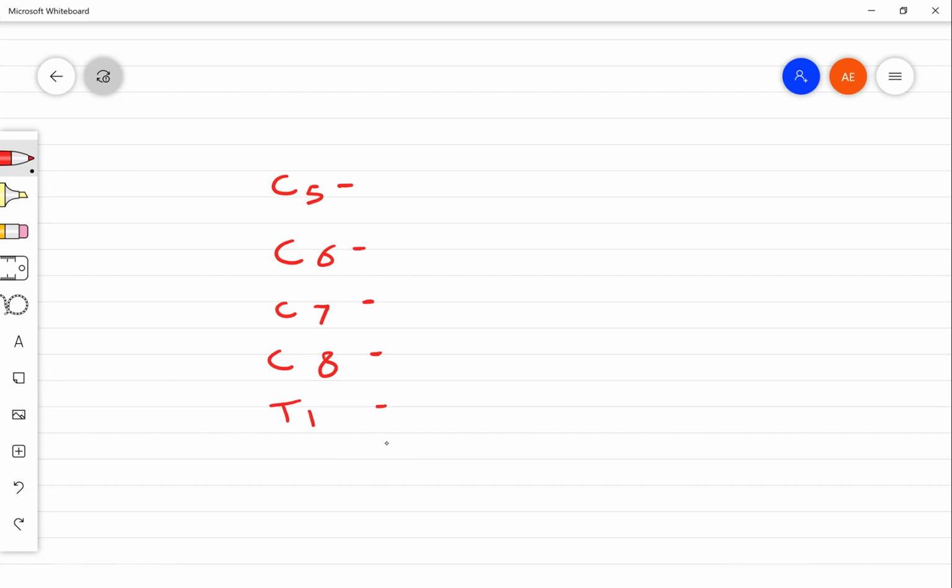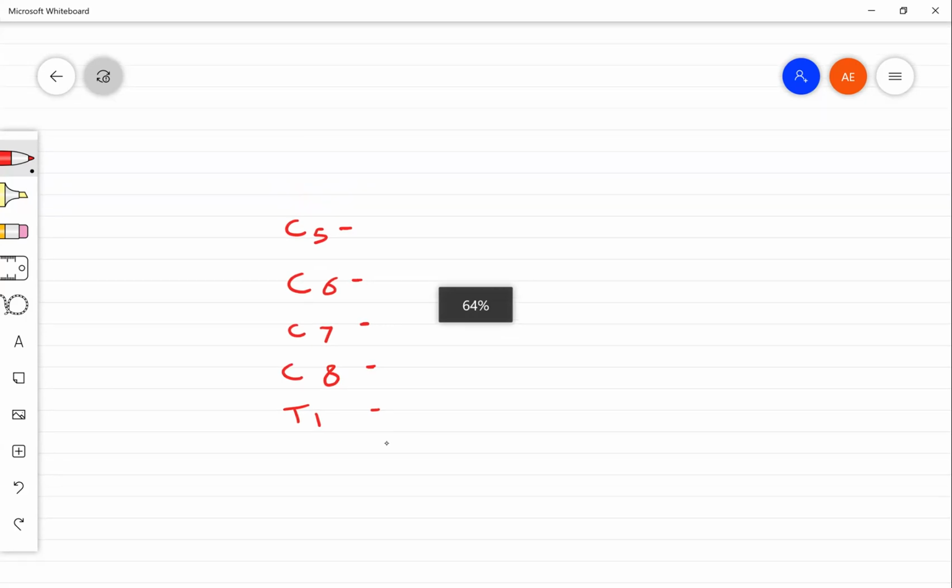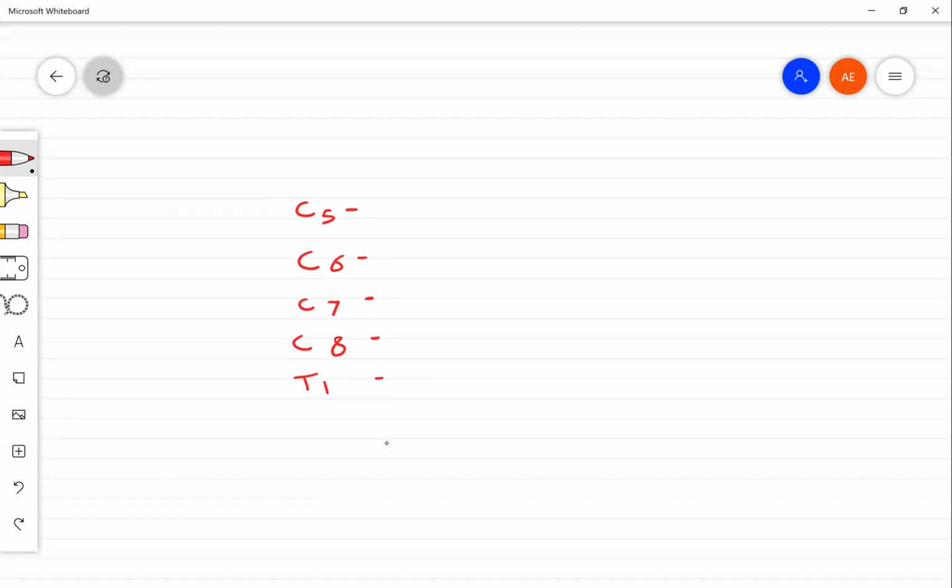So the brachial plexus is formed from the ventral rami of C5 to T1.